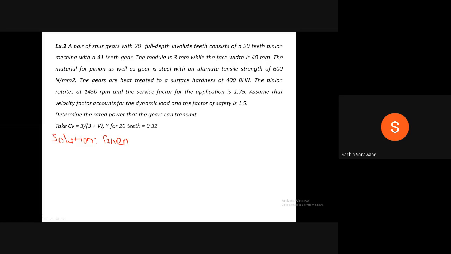Now, in the first line, they have given us a pair of spur gears with 20-degree full depth involute teeth, which means the pressure angle they have given first of all. Therefore, write down phi, pressure angle phi is equal to 20 degree.